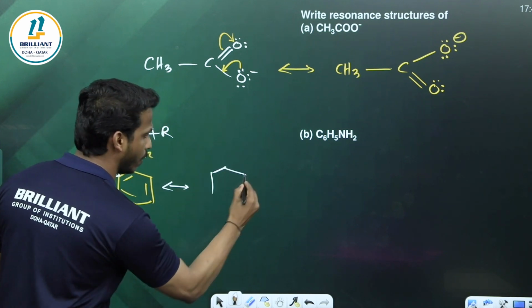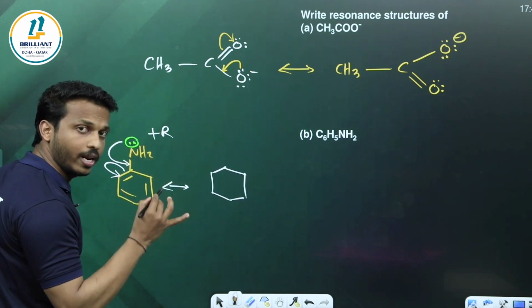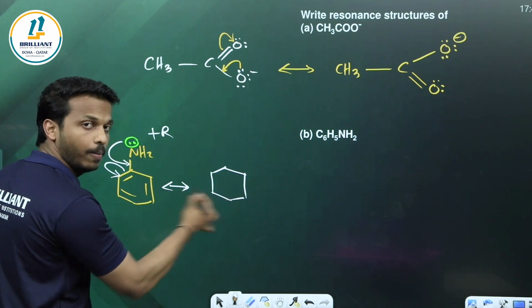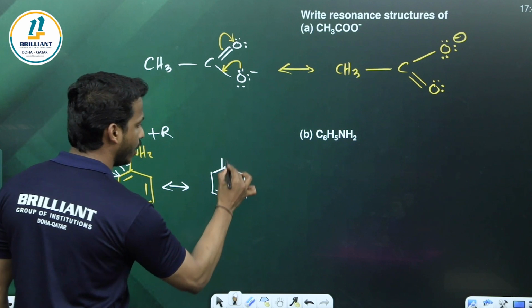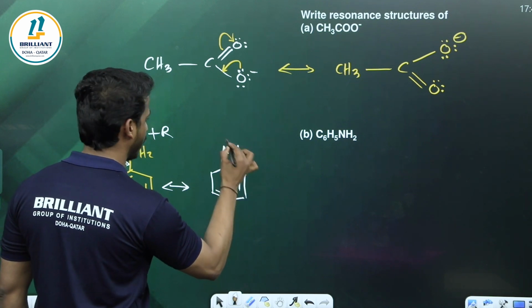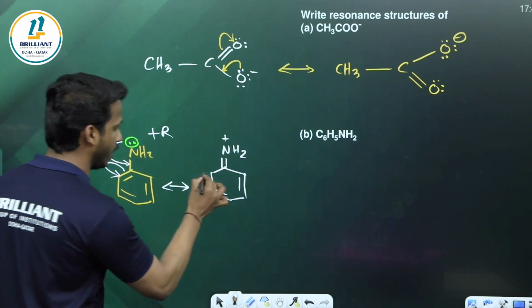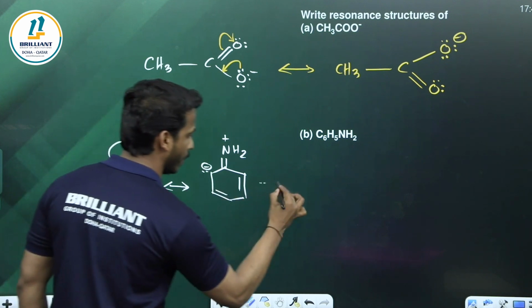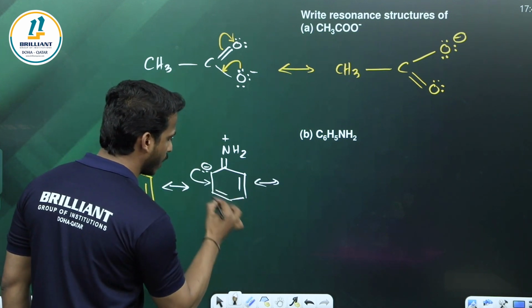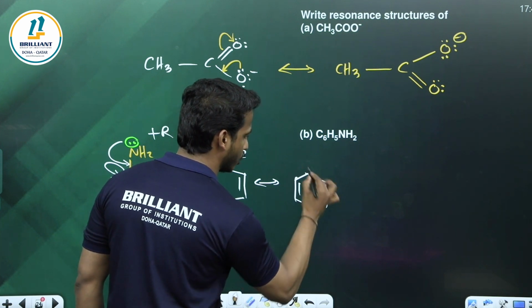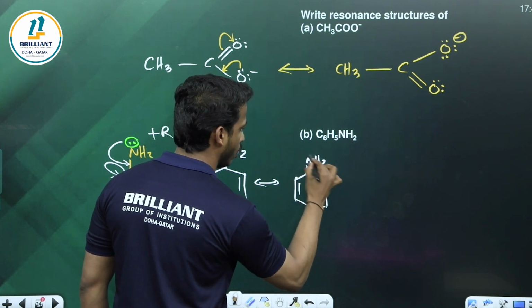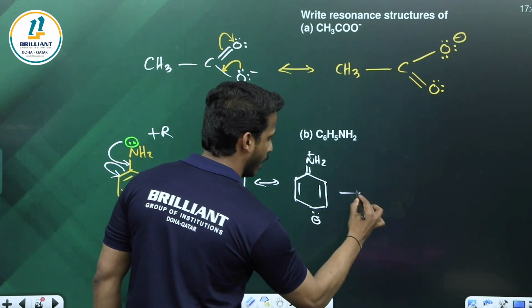So we can draw. And one more thing, be careful, dear all, while drawing resonance structures, the arrow should be a double-headed arrow because it's reversible. These two bonds, nothing happens. Here it is NH2 and nitrogen gets a plus charge because it's losing, and here it will get a negative charge. Second step, this lone pair becomes a bond and the bond becomes a lone pair, and we get the structure with double bond, NH2 plus the new lone pair here.